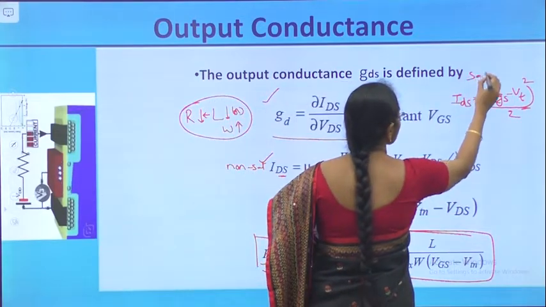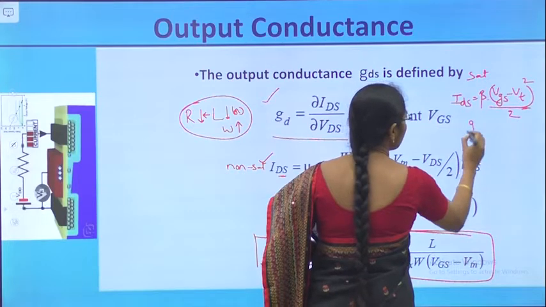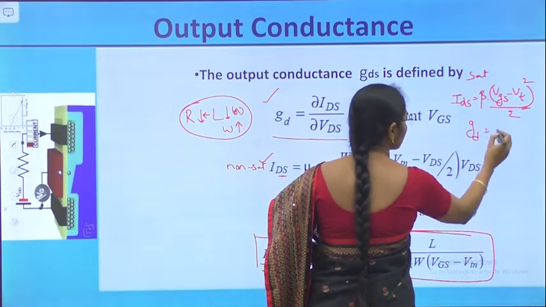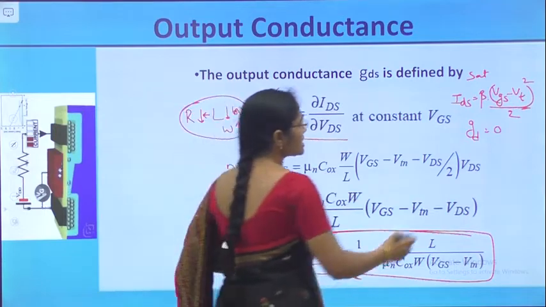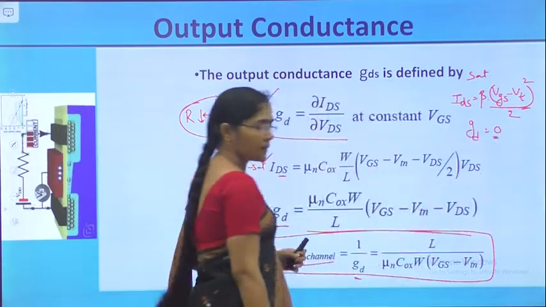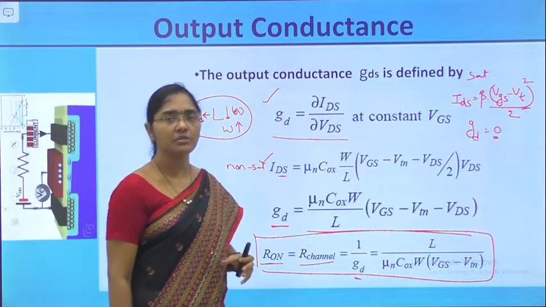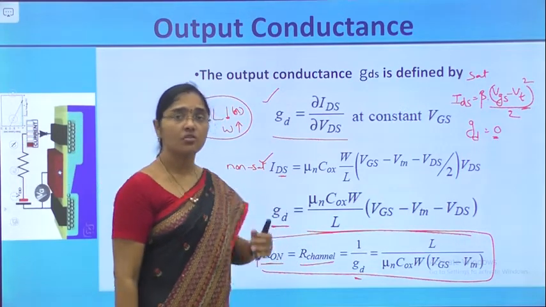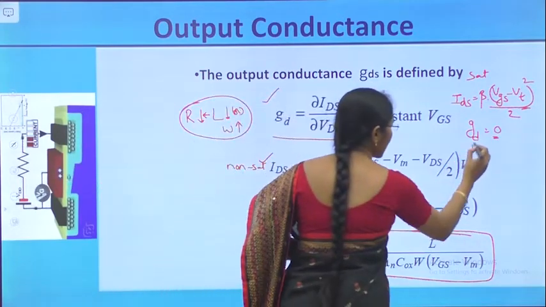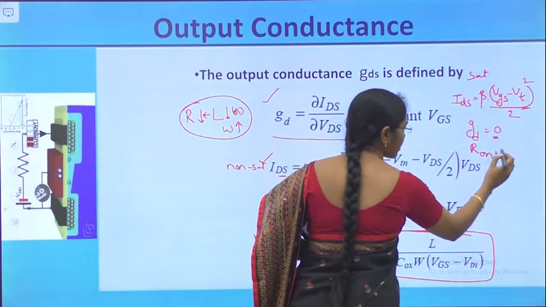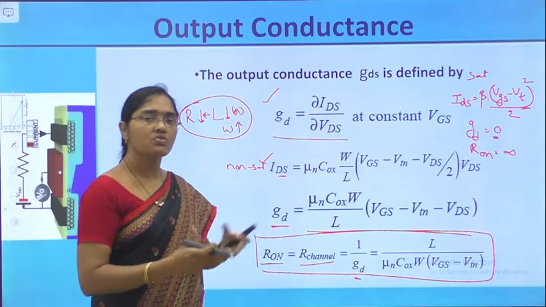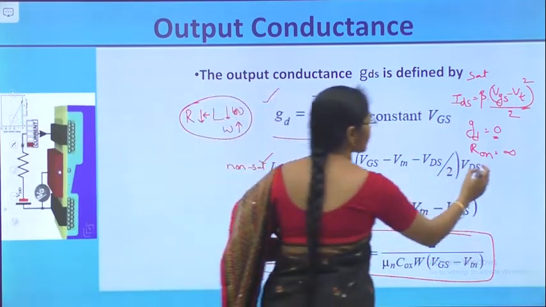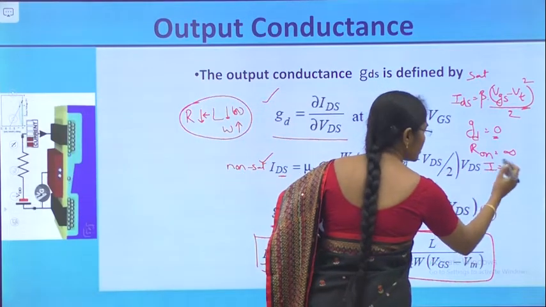Therefore, in the saturation region, the derivative with respect to VDS, GD, is equal to 0. GD equal to 0 means output conductance is 0, so the resistance R on, 1 by GD, is equal to infinity. Infinity means what about the current change? The current change is 0.